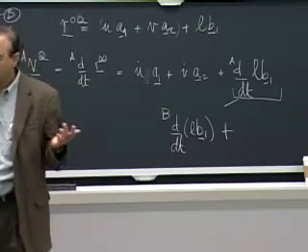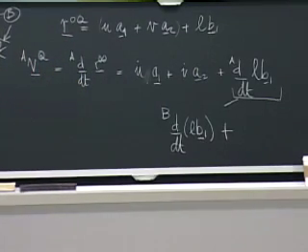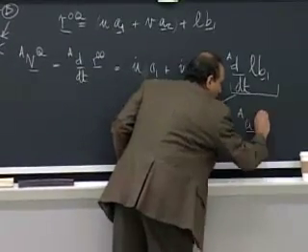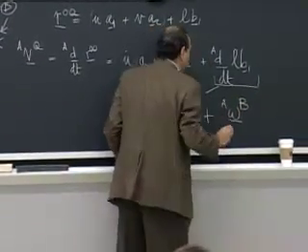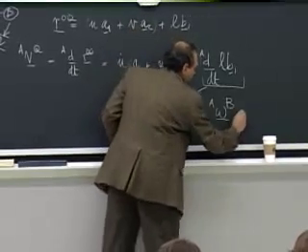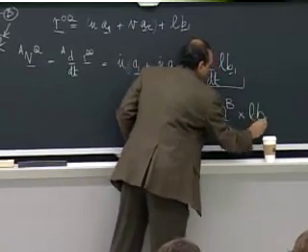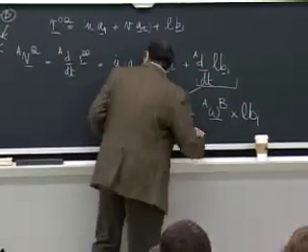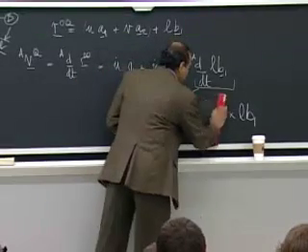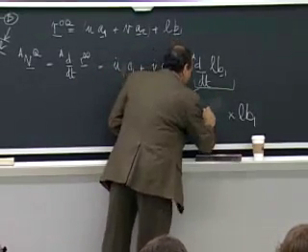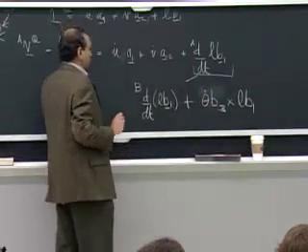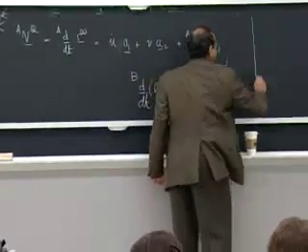I was mumbling something a moment ago. I'll tell you what I was trying to say. A omega B cross LB1. What is A omega B? We can rewrite A omega B as theta dot B3. And so this whole thing comes down to, I'm going to write the answer here to save a blackboard.